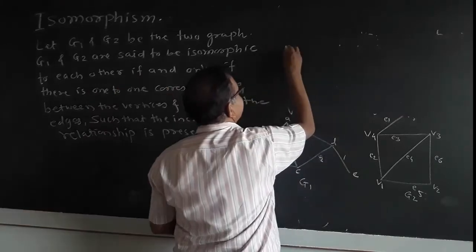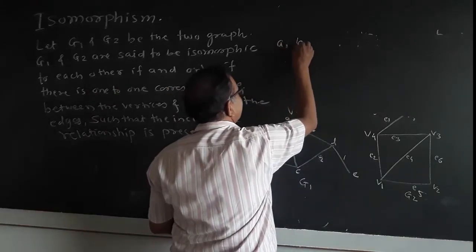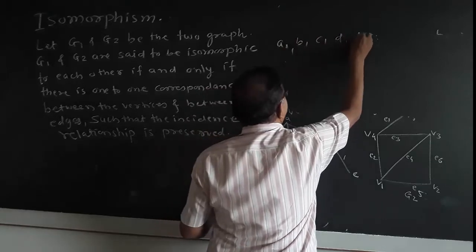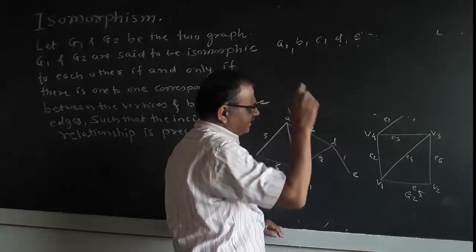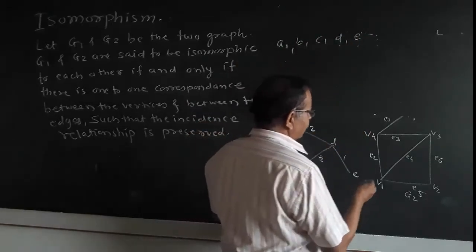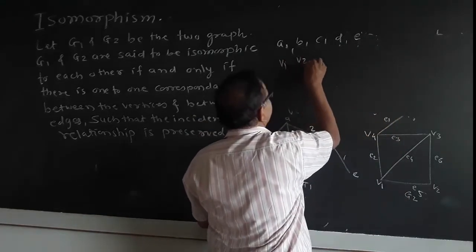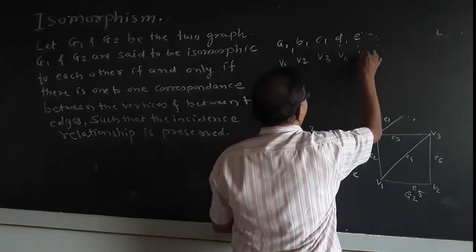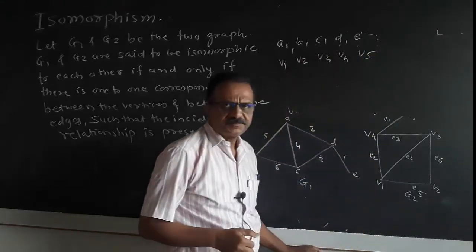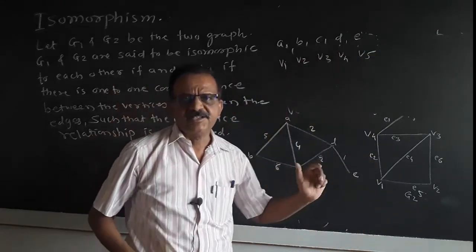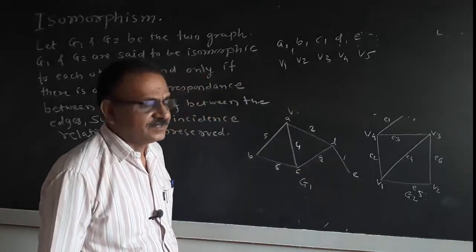See, the vertices in the graph G1 are A, B, C, D, E. In the graph G2, the vertices are V1, V2, V3, V4, V5. There is a correspondence between these two sets of vertices.